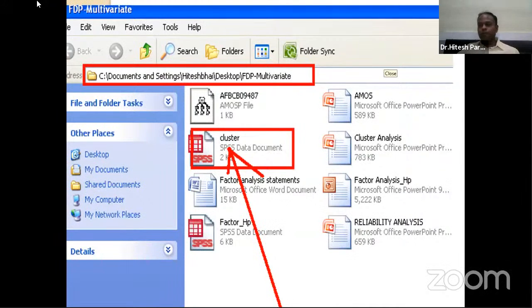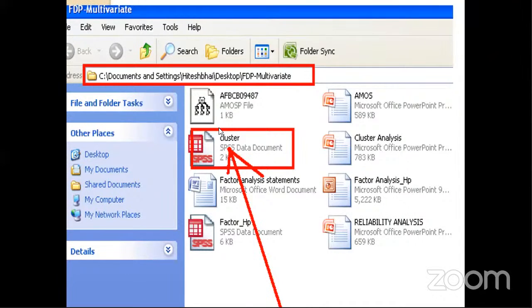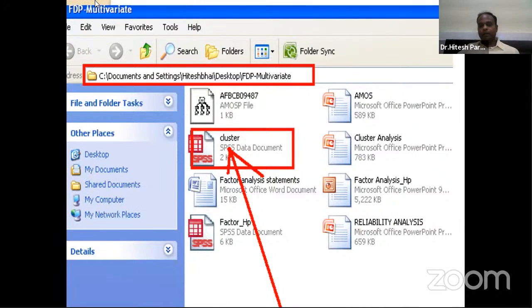So today I want to finish the cluster analysis. Mohammad Khan sir, I hope it will be convenient for you. Around 20 minutes. Yes, sir. Go ahead, please. Thank you. Okay. So kindly open the file cluster.